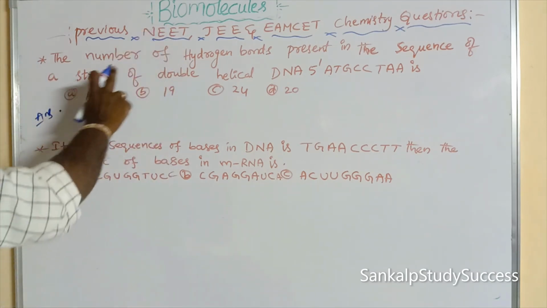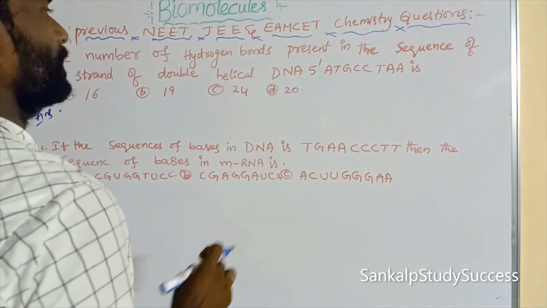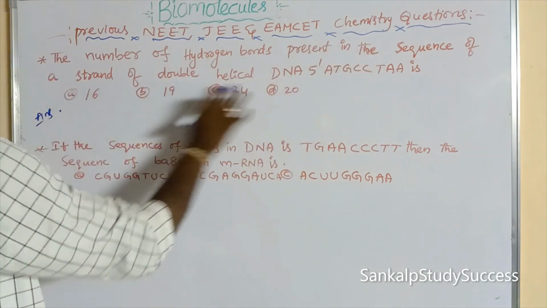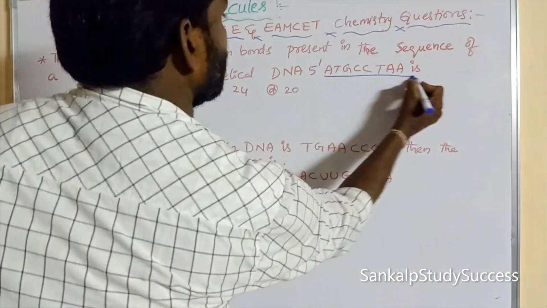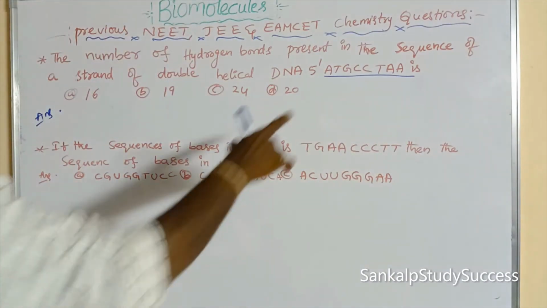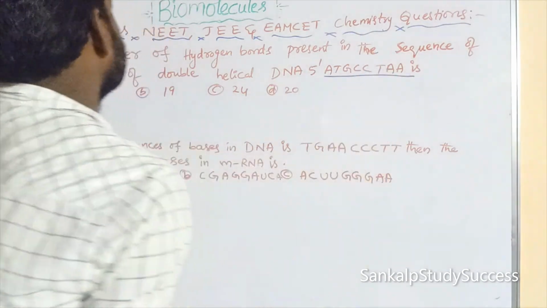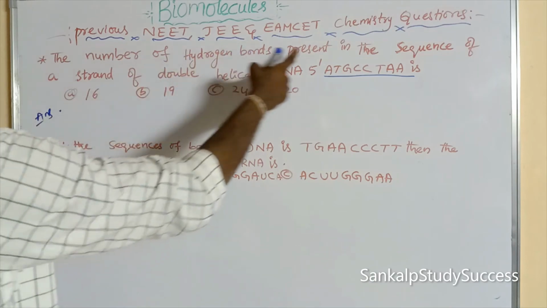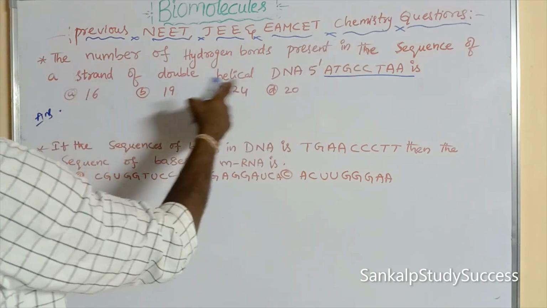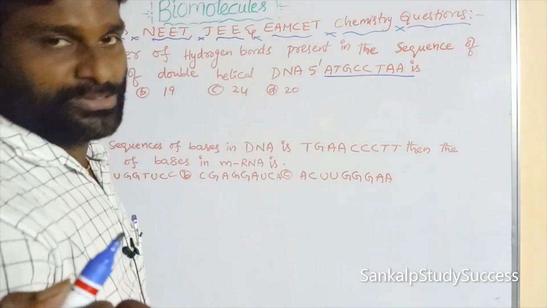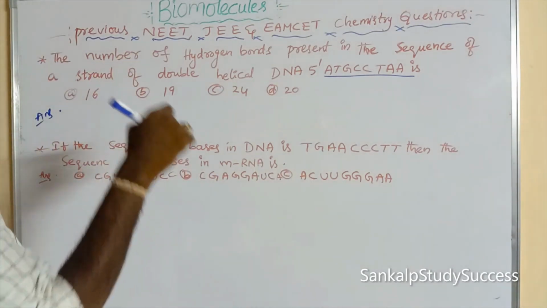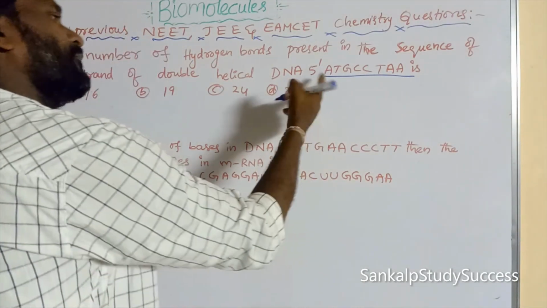The number of hydrogen bonds present in the sequence of a strand of double helical DNA, the sequence is given: ATGCC-TAA. This is a double strand helical structure, and this is the 5' terminal.